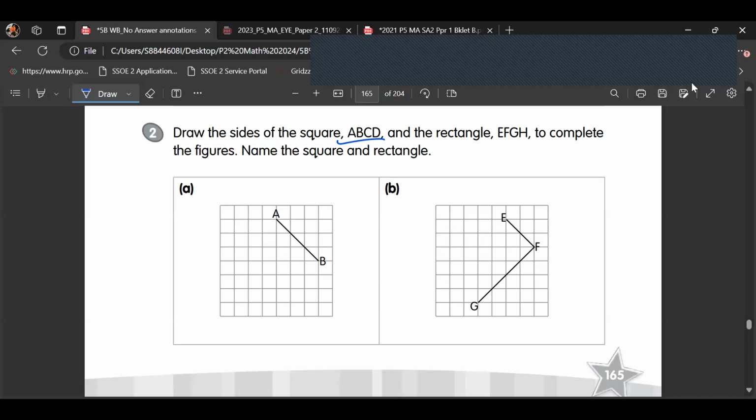Go to my trolley there, on the top trolley.